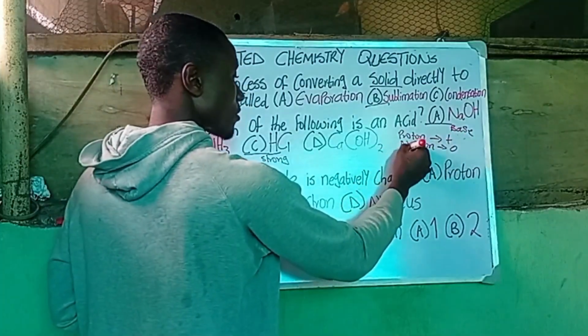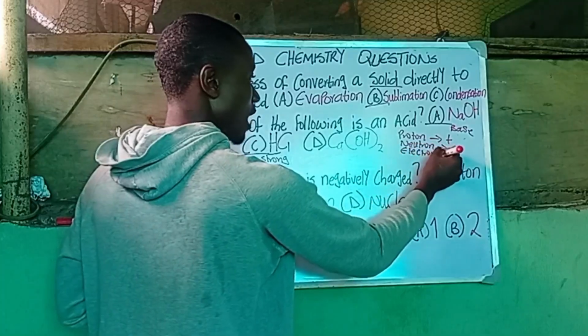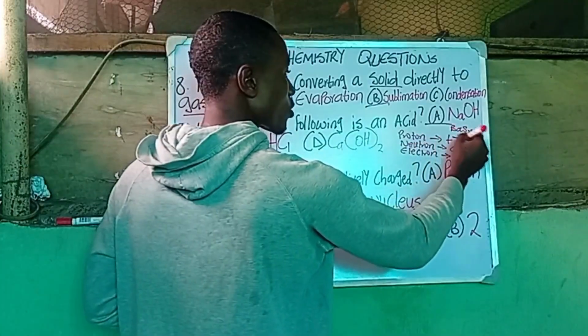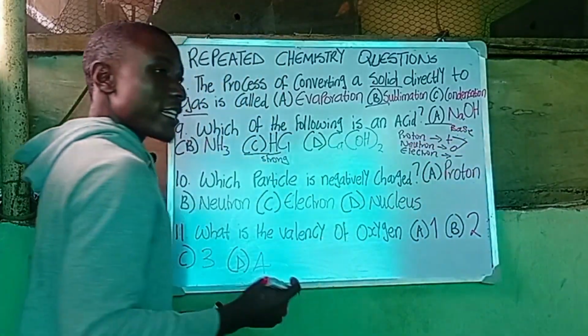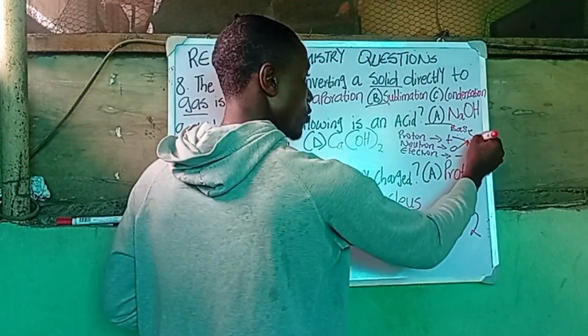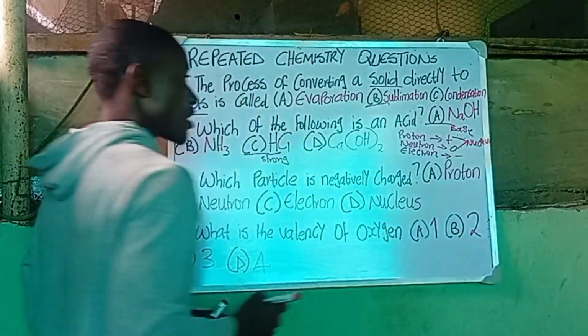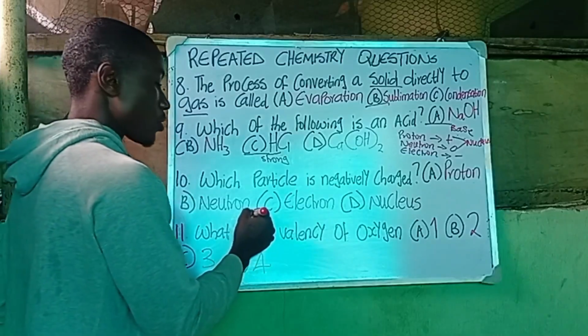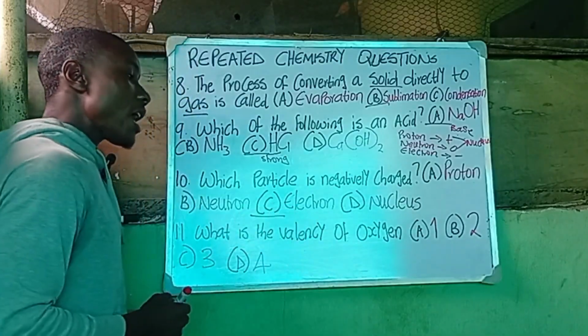The electron is negatively charged. The combination of the proton and the neutron is what gives us what is known as the nucleus. So which particle is negatively charged? The correct option is C, which is the electron.